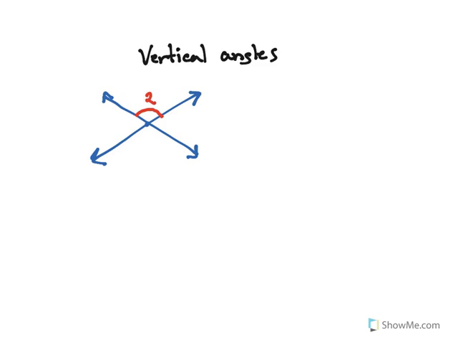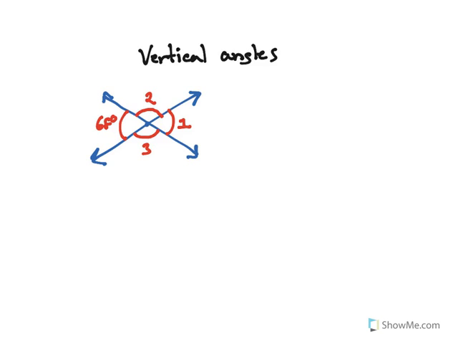We call this angle 2, and this angle 1, this one 68 degrees, and this would be angle 3. We know one of the angles is 68 degrees, and we need to find angles 1, 2, and 3.